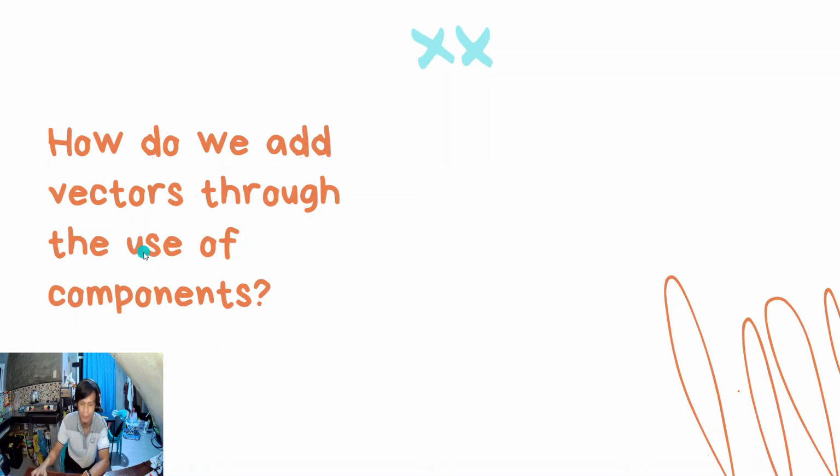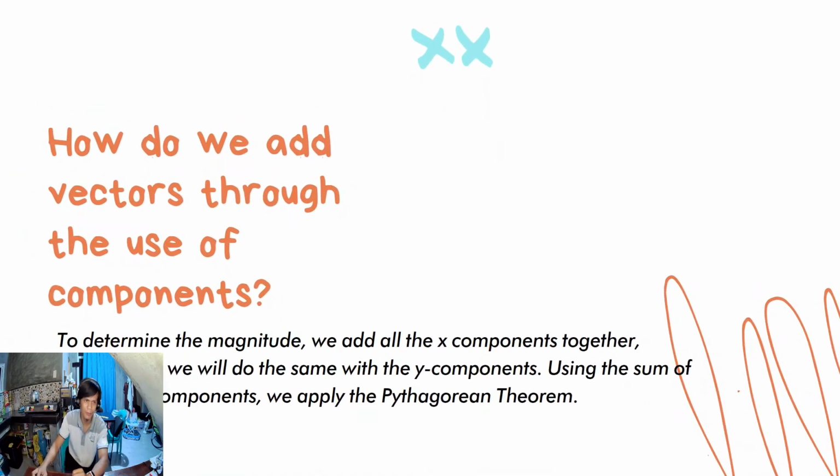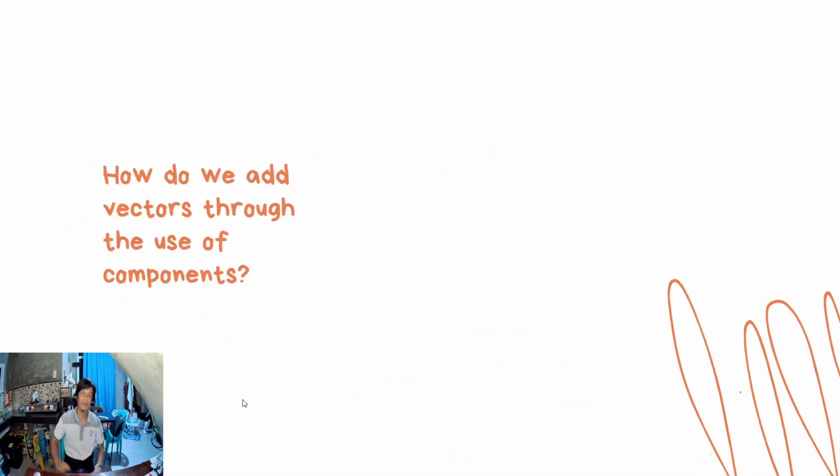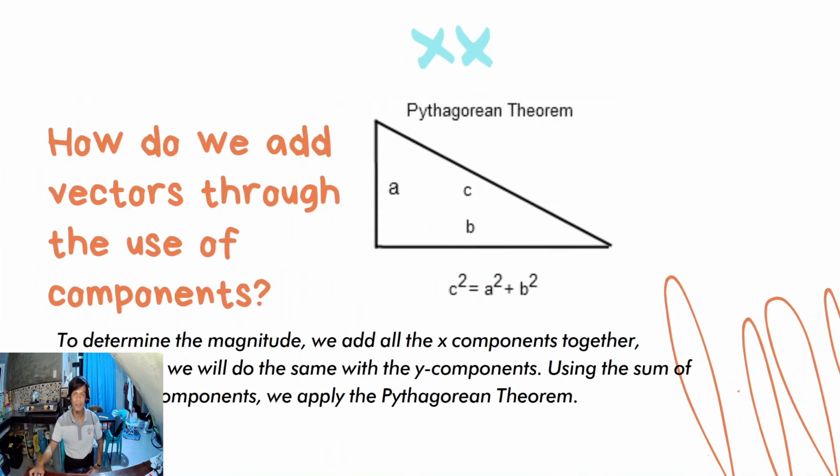Now, you are actually correct, because in order to determine the magnitude, we add all the x and y components algebraically and then apply the Pythagorean theorem on the sum of the components. In short, we go back to our first method.